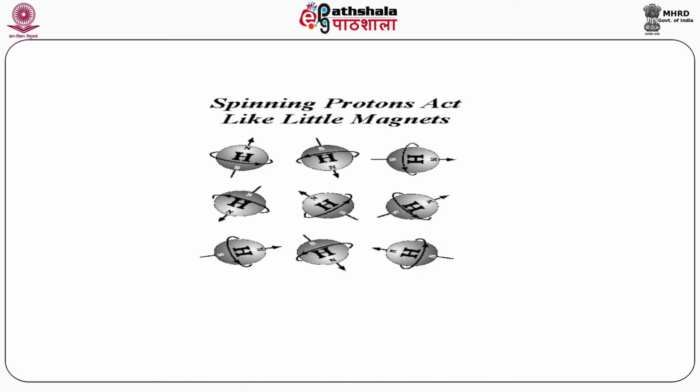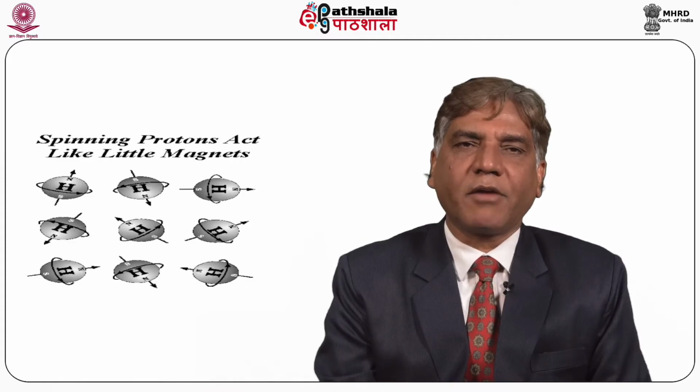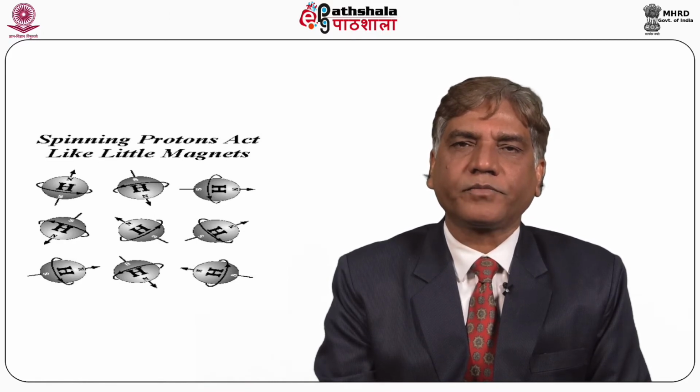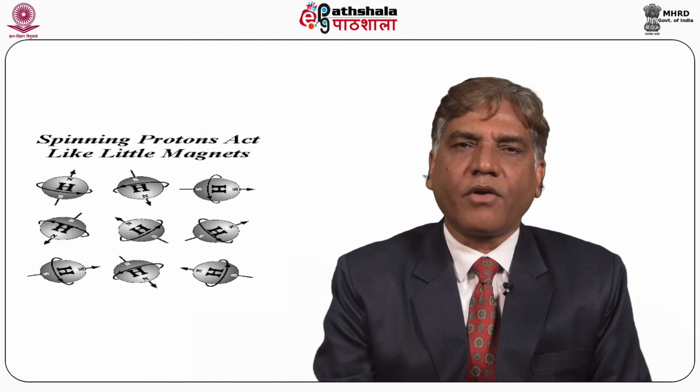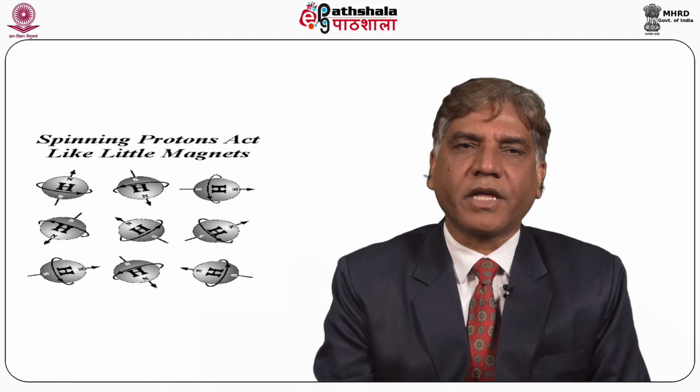Like Earth has a spin angular momentum which causes Earth to spin about its axis and causes day and night rotation, and also has a magnetic dipole moment. In a simplified way, we may say that nuclei with an odd number of protons or neutrons behave like tiny magnets. However, in a sample, these nuclei are randomly oriented in absence of magnetic fields, hence there is no net magnetization present in the sample.